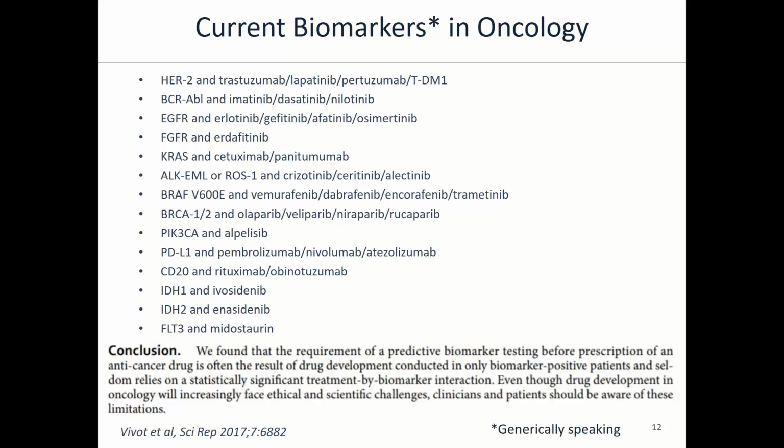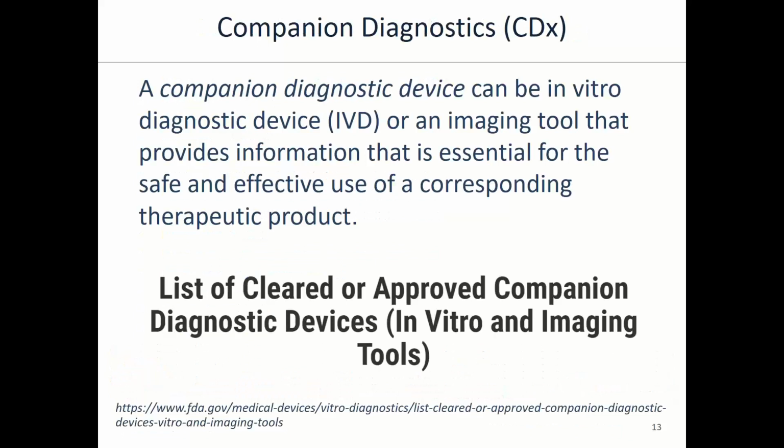I think when there is a very strong rationale for using a certain drug targeting a specific biomarker, there is more reluctance, more difficulty in really proving that there is an interaction, simply because studies are exclusive or enriched for patients with positive biomarkers.